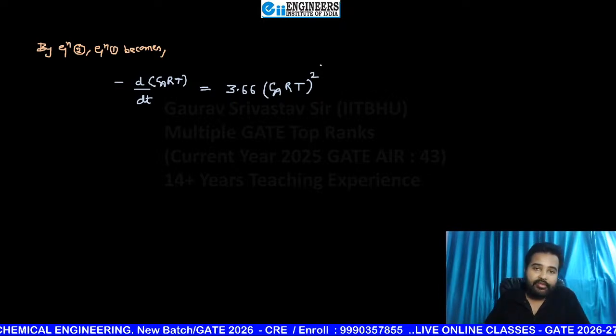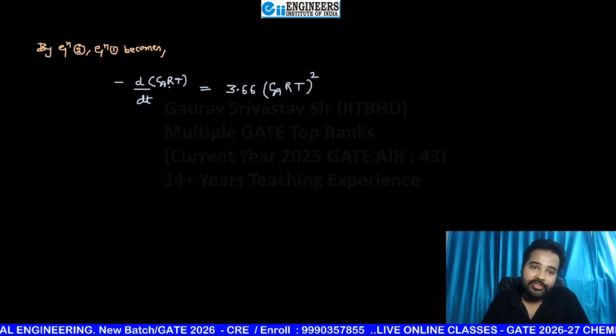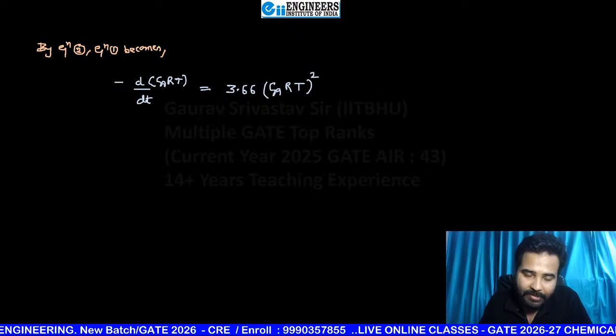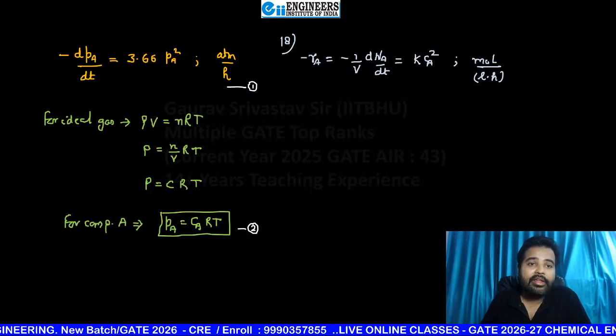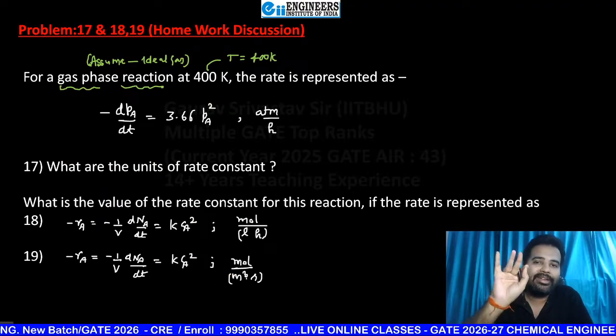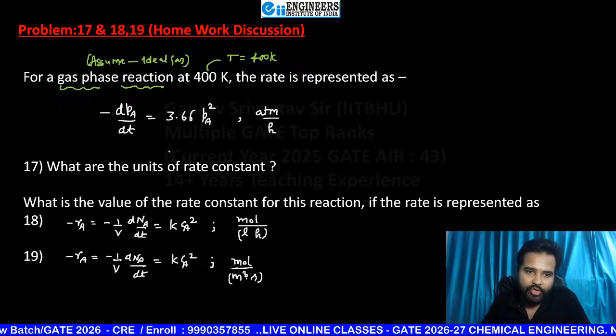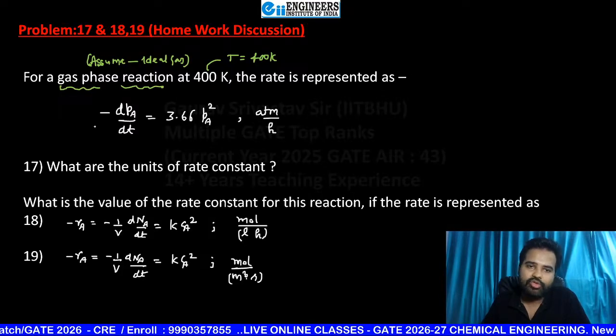Crystal clear. Then great. Now, you know, R is the universal gas constant. It is not going to depend upon time. Temperature is also clearly given: the gas phase reaction is going to happen at 400 Kelvin temperature. That means isothermal condition. For this temperature, you are going to do this conversion.